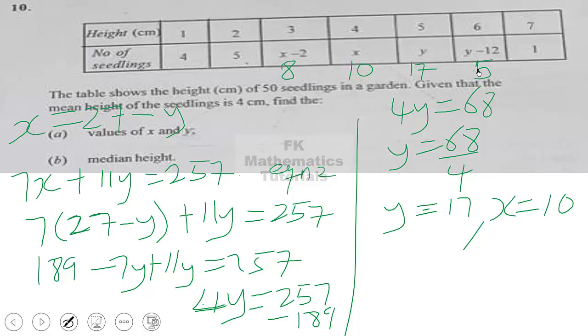Good. Now the total frequency is 50, so the median mark will be equal to half of 50th occurrence.